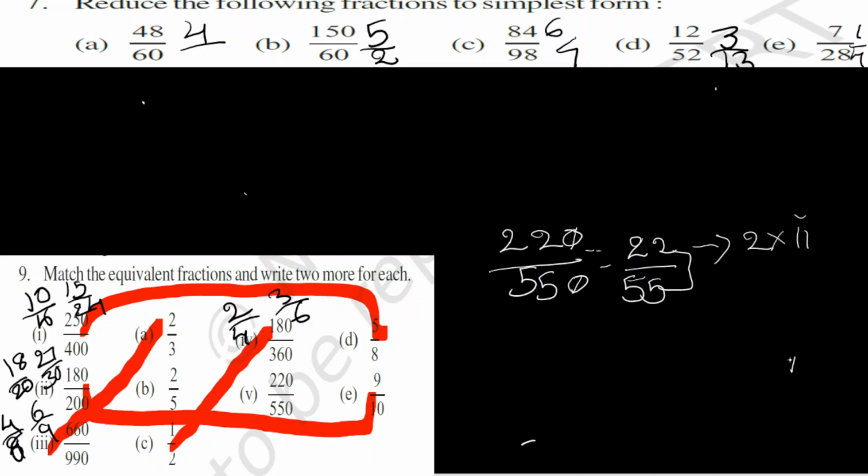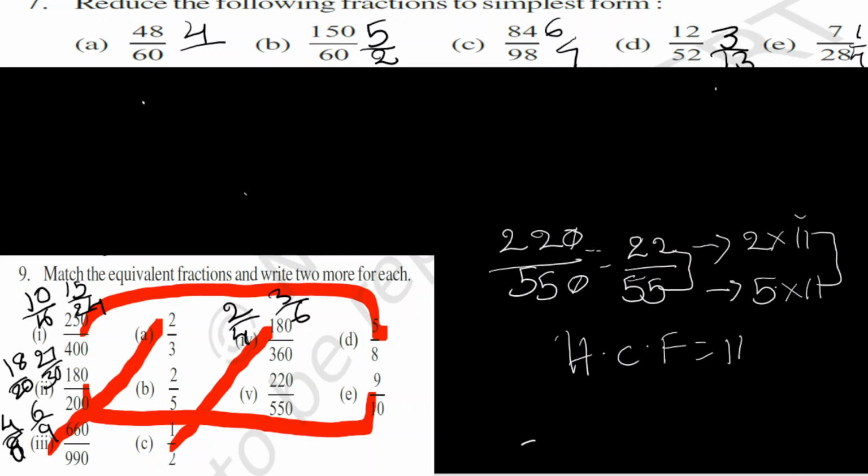And let's factorize 55. 55 can be written as 5 into 11. So here the common value is 11. So the HCF is equal to 11.